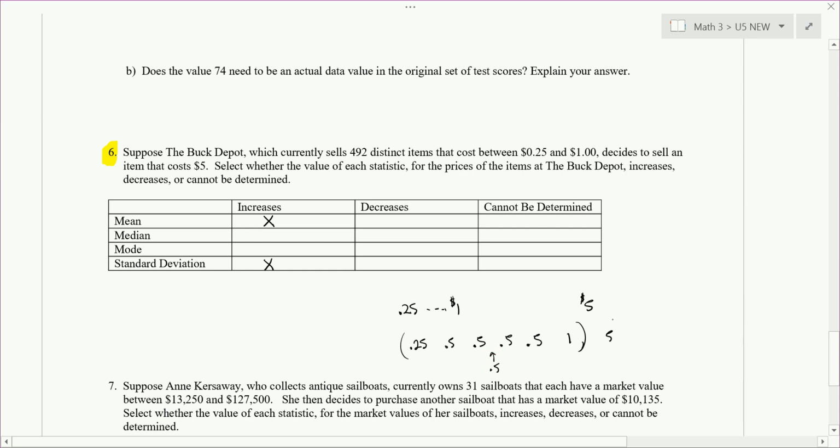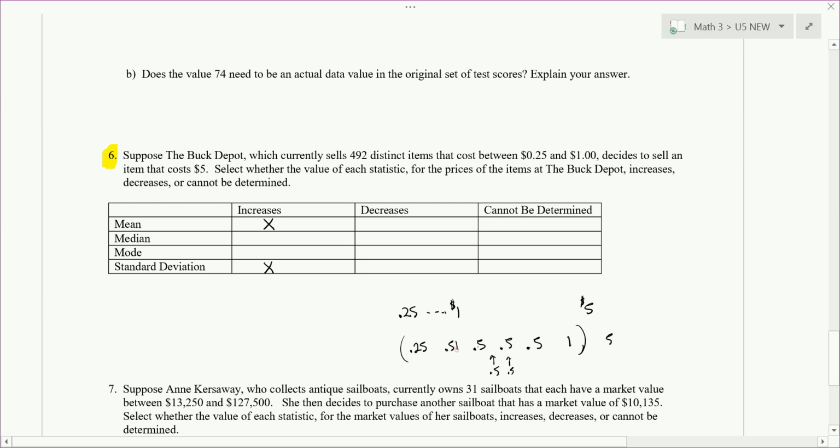After I add that 5 in, the median moves over a little bit, but it's still 0.5, so it stays the same. On the other hand, if we had different values in here, say 0.51, 0.52, 0.53, 0.54, and so on, by shifting over a little bit, it would increase the median. So it's either going to increase or not change, and so we're going to write cannot be determined. But generally, outliers don't affect the median much.